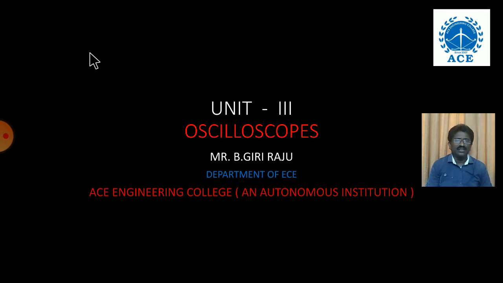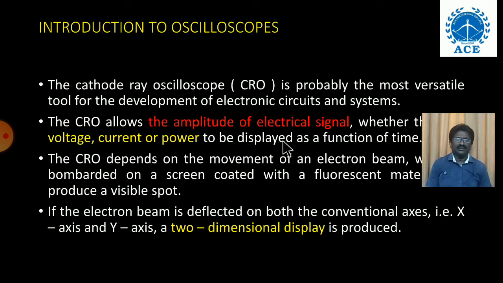Now I will start Unit 3, oscilloscopes. The oscilloscope, generally called the cathode ray oscilloscope, is probably the most versatile tool for the development of electronic circuits and systems.